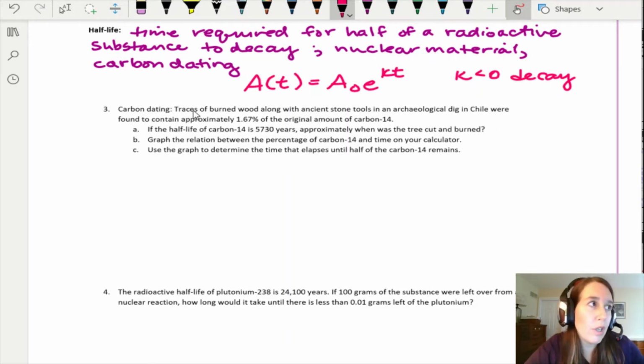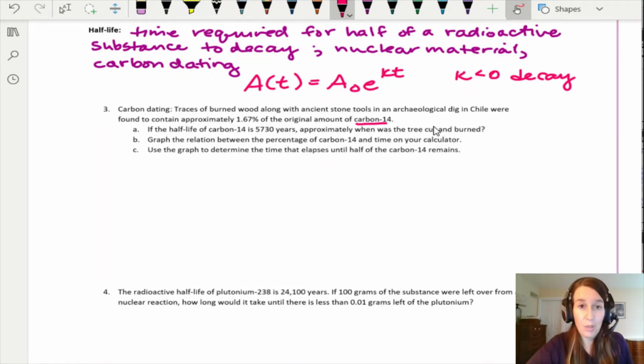Traces of burned wood along with ancient stone tools in an archaeological dig in Chile were found to contain approximately 1.67% of the original amount of carbon-14. Carbon-14 is a certain type of carbon that they use because they know how fast it decays.